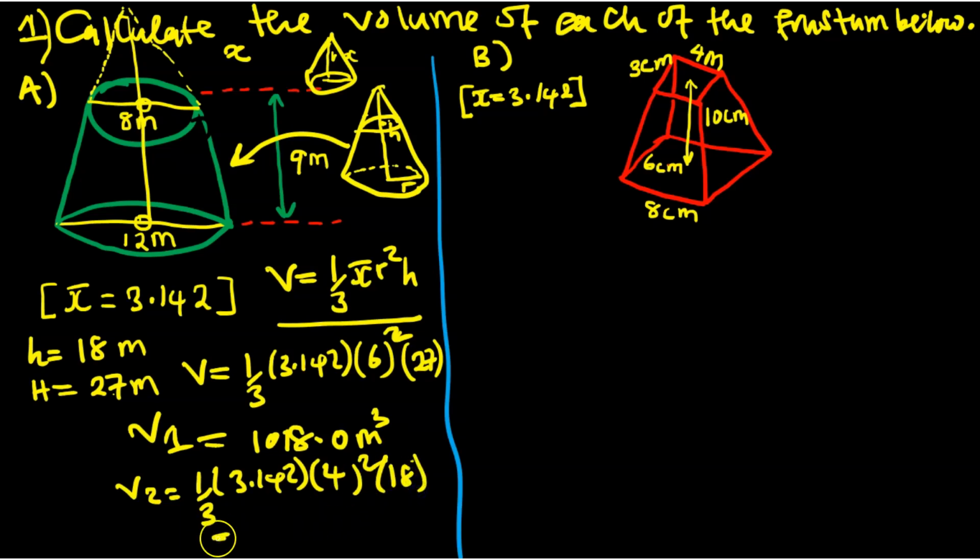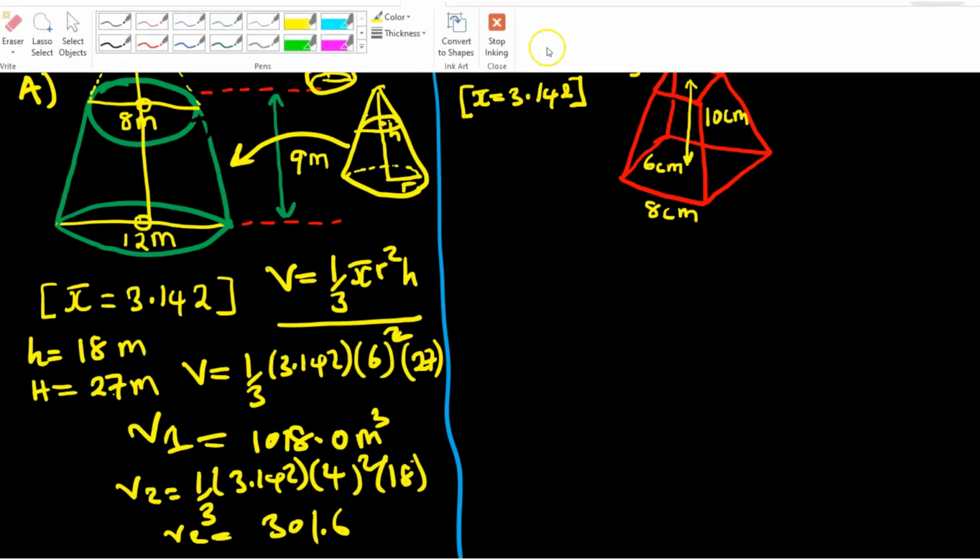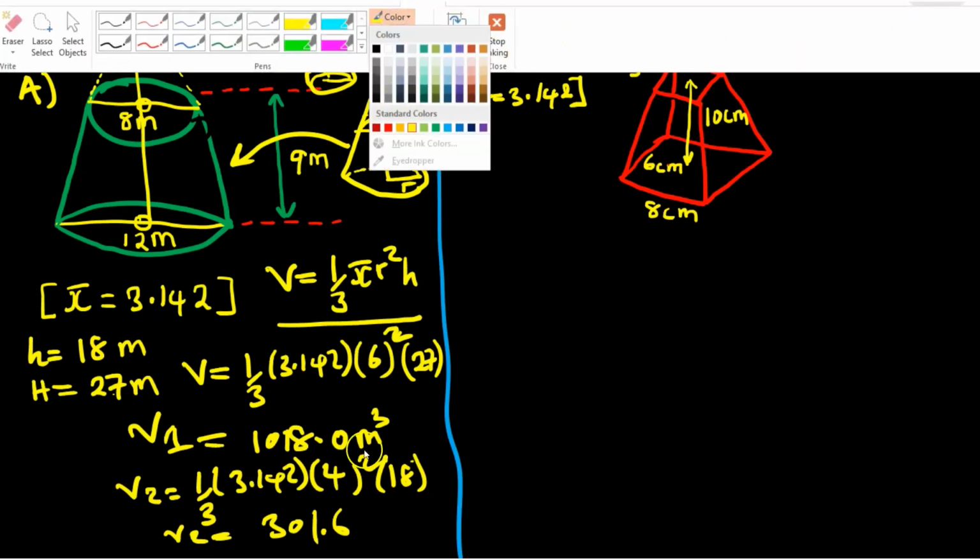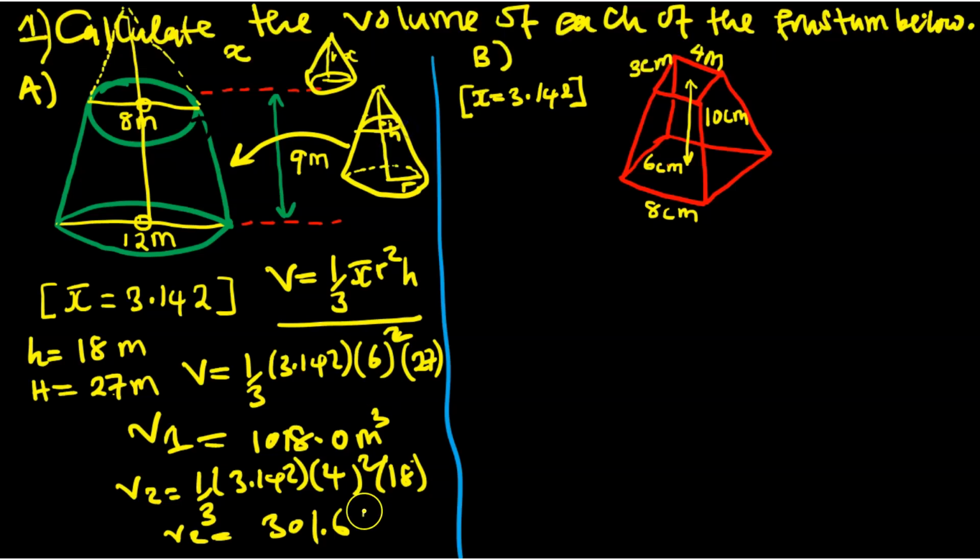If you multiply everything here, volume 2 is 301.6 meters cubed.